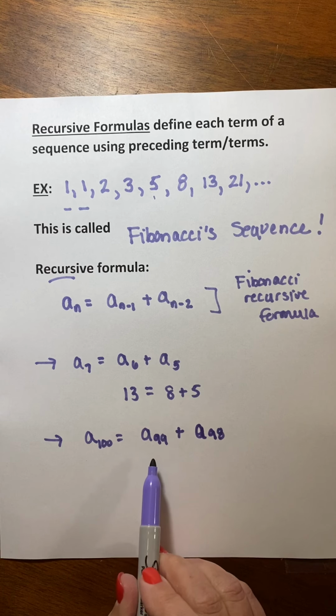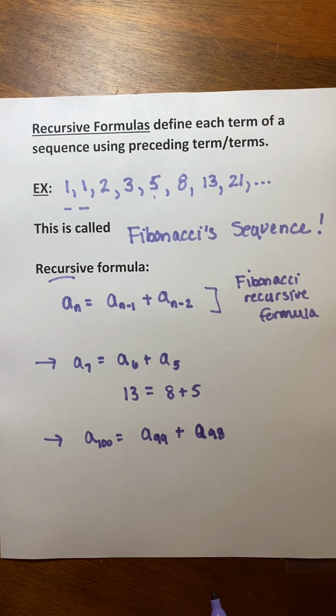But in order to know the 99th, I'd need to know the 98th and the 97th. In order to know the 98th and the 97th, I'd need to know the 96th. So I would actually have to list out all the terms to get up to that high of a value. So recursive formulas aren't as user-friendly as explicit formulas, but if you don't have one, you don't have one.